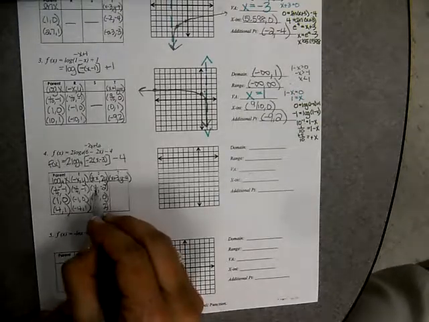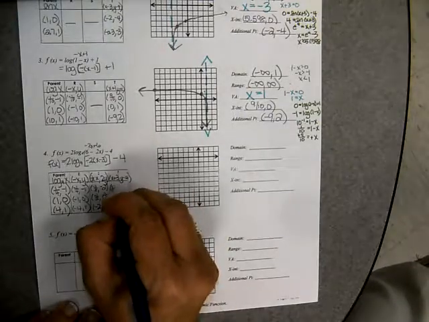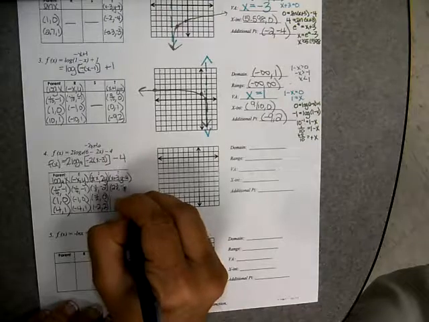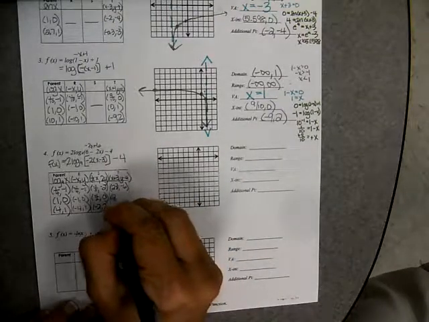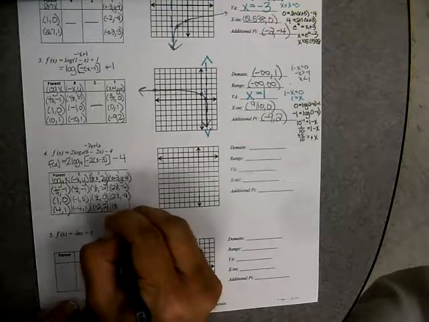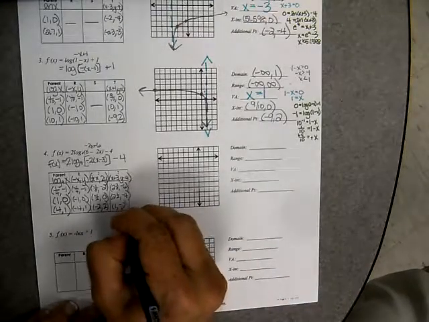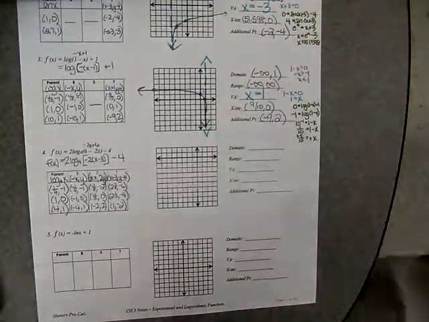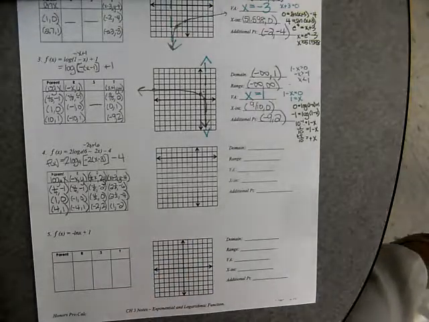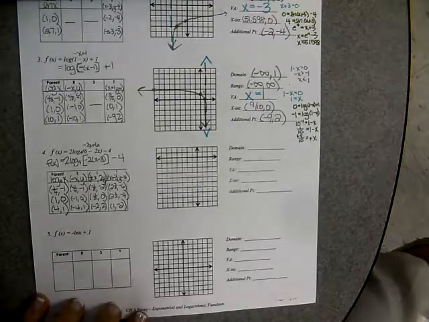So if I take negative 1/8 and add 3, I have 2 7/8. Negative 2 minus 4 is negative 6. Negative 1/2 plus 3 is 2 1/2. 0 minus 4 is negative 4. And then negative 2 plus 3 is 1. 2 minus 4 is negative 2. So again, that's really the most tedious part, differentiating between all of those transformations and then making the points really clear.